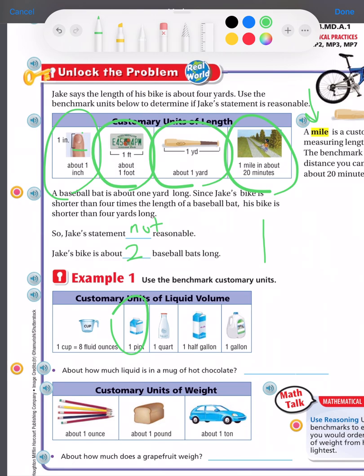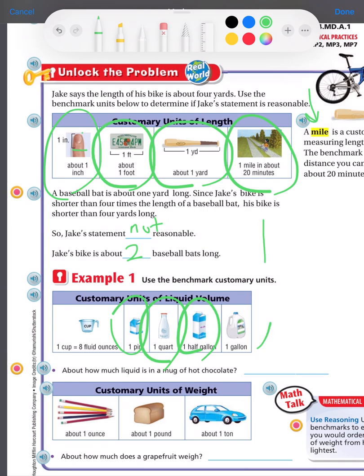A quart, that'd be a big old water bottle, like a nice sized Hydro Flask would be a quart. Half gallon. You can buy half gallons of milk. Typically, I buy half gallons of chocolate milk because I don't let my kids have chocolate milk that often.